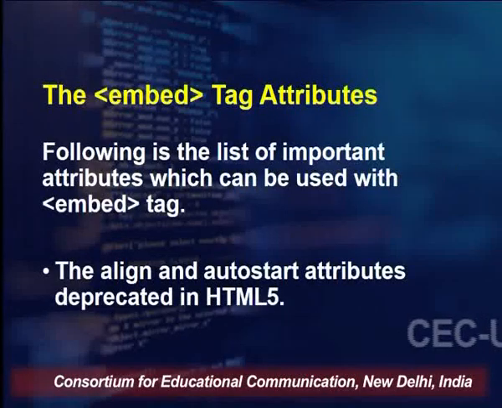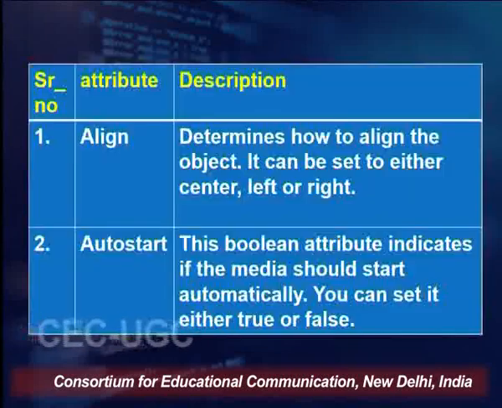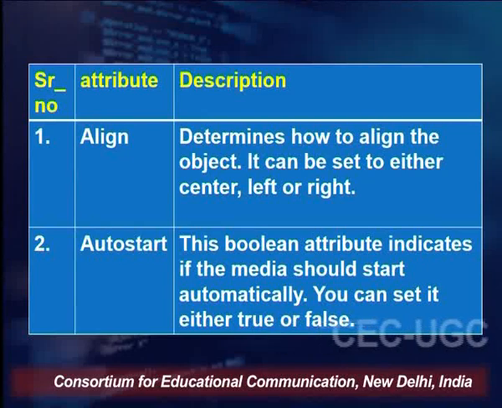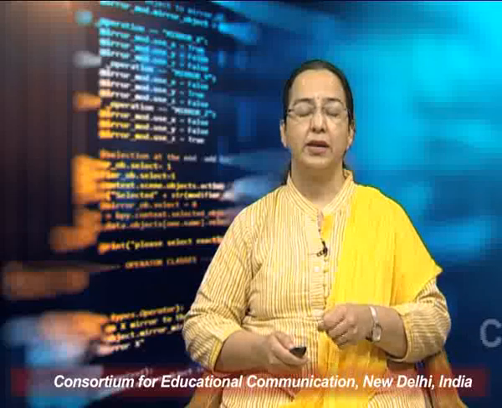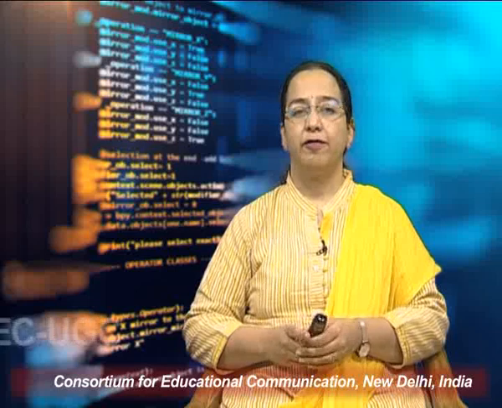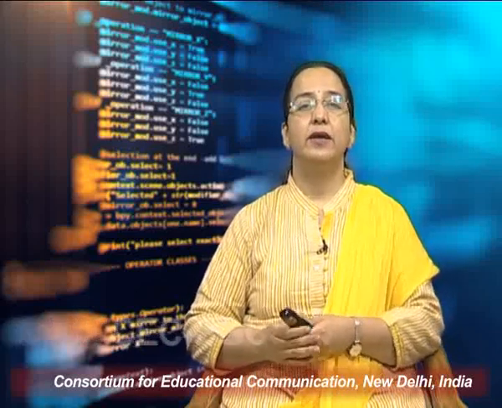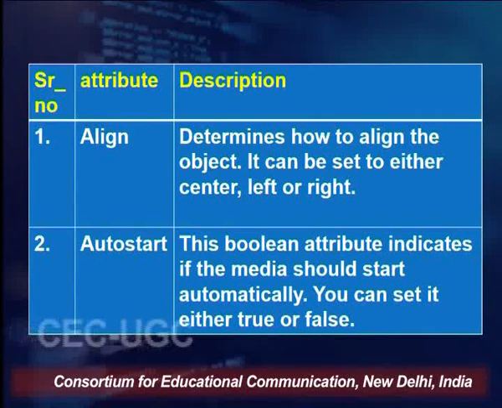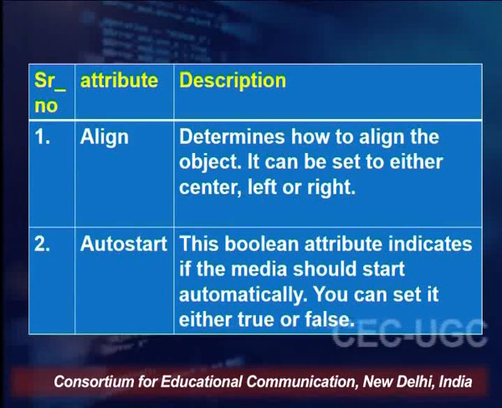So the important attributes which can be used with the embed tag are in a list, in which there is a disclaimer that align and autostart attributes are deprecated in HTML. If we say align equals center, or align equals left, or align equals right, it will determine how to align that particular control object, either in the left, the center, or the right.